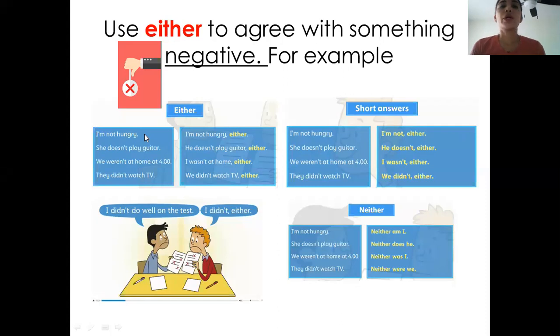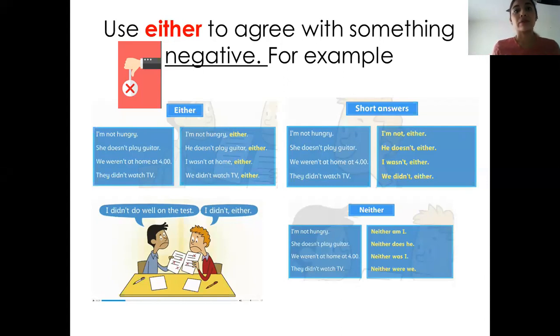We use "either" to agree with something negative. For example, "She doesn't play the guitar." That's one subject, but there is another subject in the same situation: "He doesn't play guitar either."